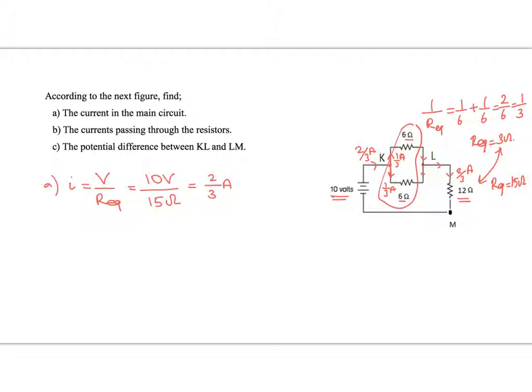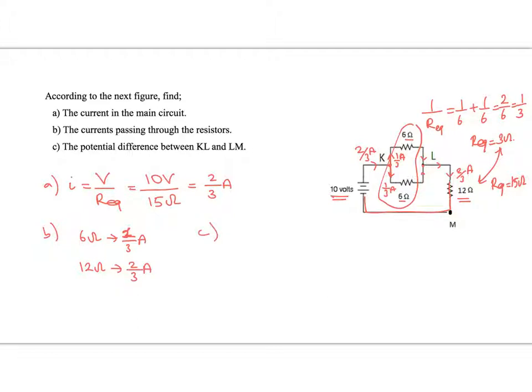The current passing from 12 ohm will be equal to the current in the main circuit because it is in the main circuit. So for B, the current passing from 6 ohm will be equal to 1 over 3 ampere. The current passing from 12 ohm will be equal to 2 over 3 ampere.